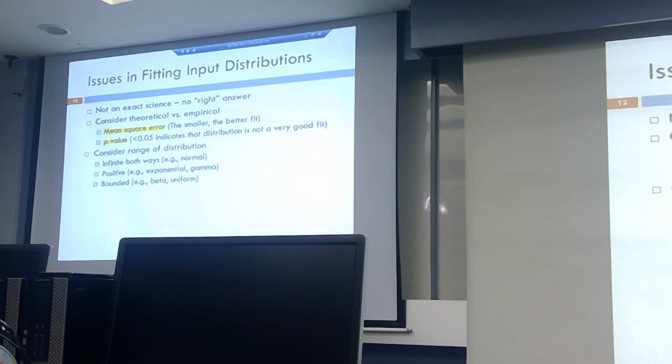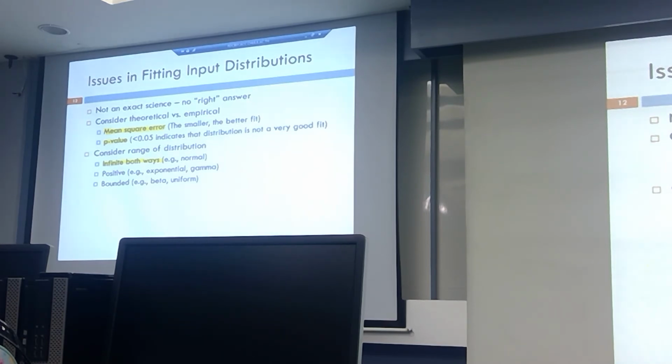Another thing when we look at the distribution, consider the range of the distribution. For example, we talk about infinite and bounded distributions, right? Normal is infinite both ways, so you can have extremely high or extremely low values.